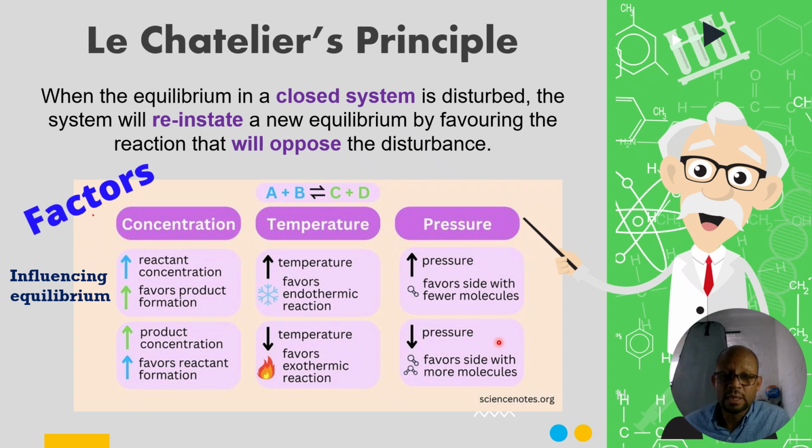In other words, if you decrease the pressure, the equilibrium will change in such a way that the reaction leading to the side that contains more molecules or more moles will be favored. And the opposite will happen if the pressure is increased. Okay, I know that was a mouthful, but we'll come back to that in our later slides.